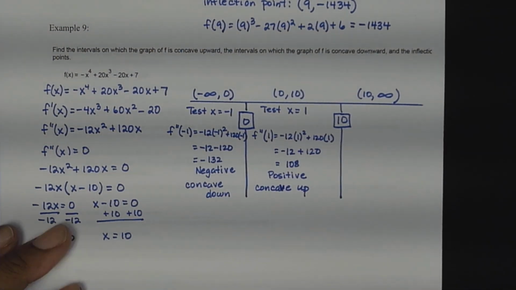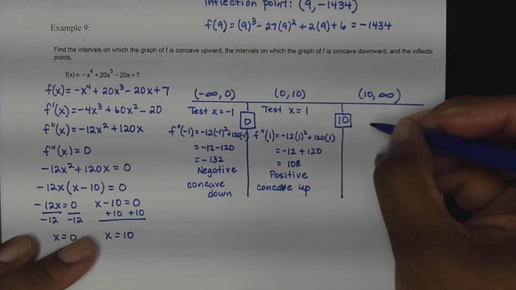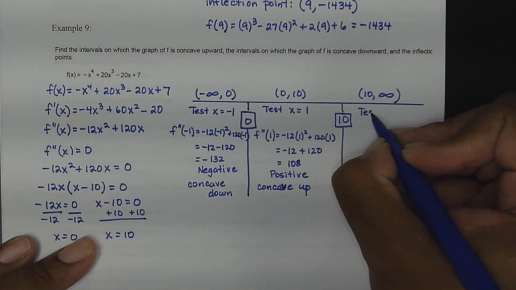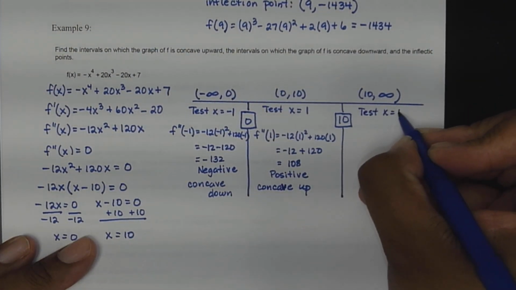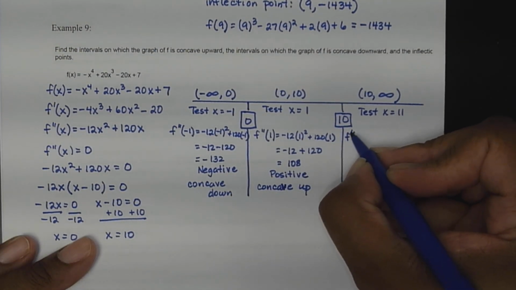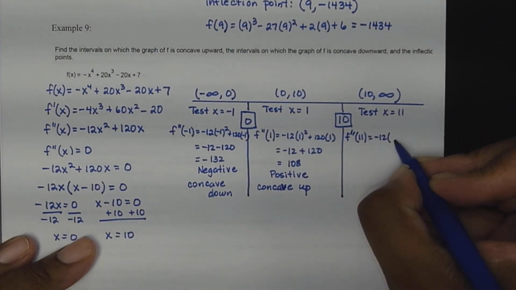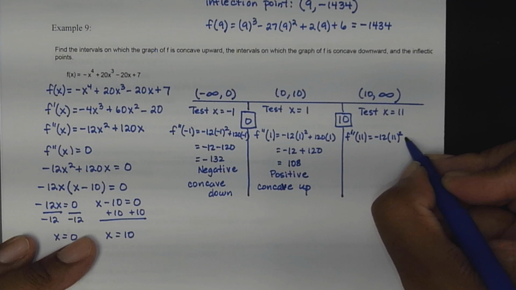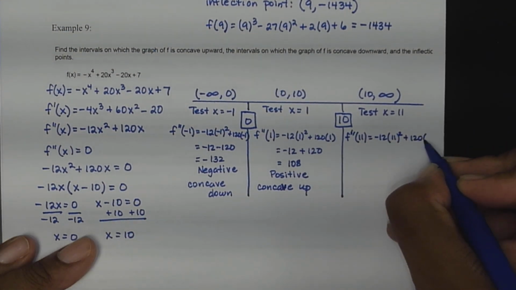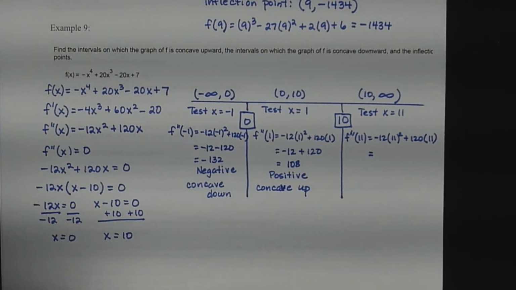Now, what about for 10 to infinity? Let's see if there's a change in concavity at 10. Let's test, let's say, x is equal to 11, and then do f double prime of 11. That'd be negative 12 times 11 squared plus 120 times 11. And I'm going to put this in the calculator.